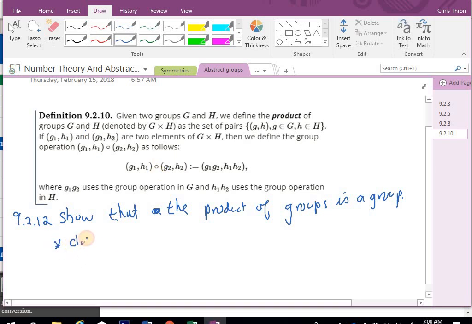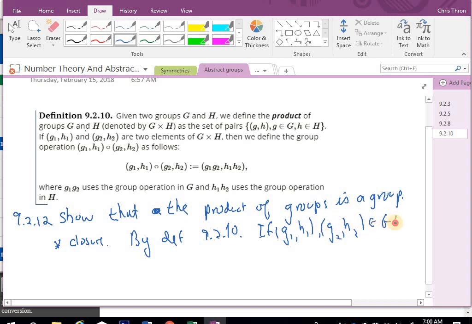You can just say that like this, closure. You can say by definition 9.10, if (g1, h1) and (g2, h2) are elements of G cross H, then (g1, h1) circle (g2, h2) is also an element of G cross H. You can see right here, this is what the definition says.